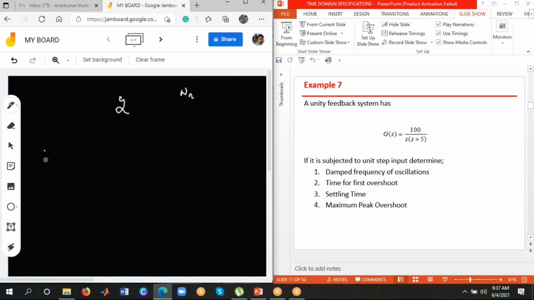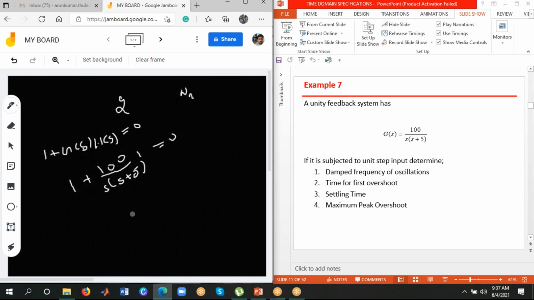We will check that. 1 plus g of s. So I'm going to directly write the characteristic equation. 1 plus g of s equals 0, given g of s is 100 divided by s into s plus 5, and h of s is 1.